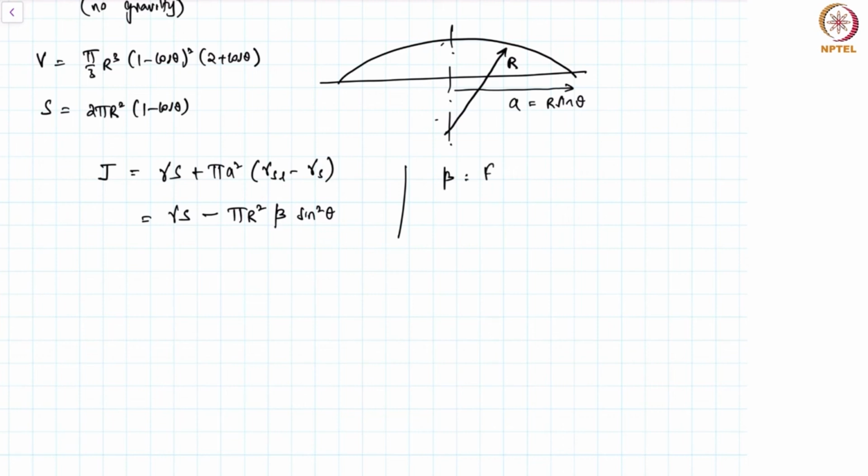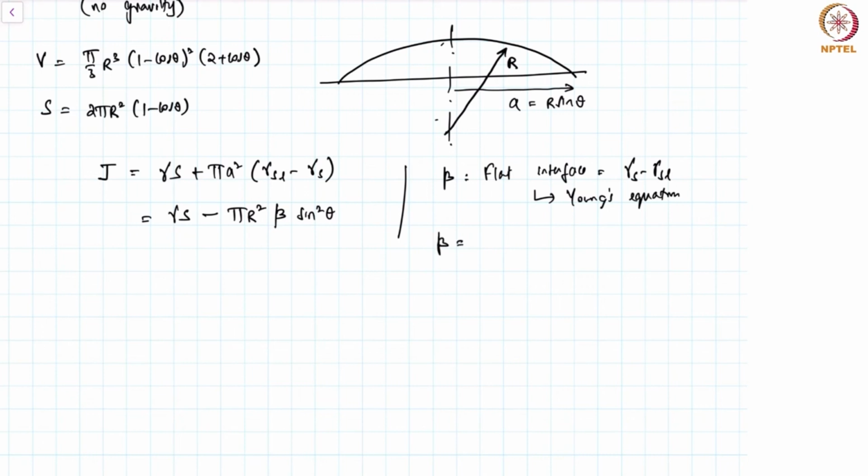Now, β for a flat interface is simply γs minus γsl. This gives me the Young's equation.